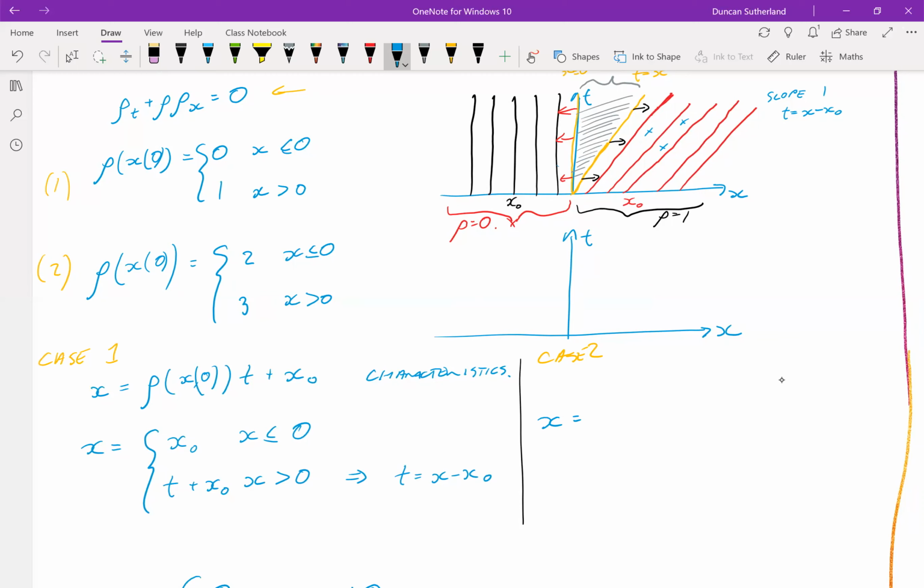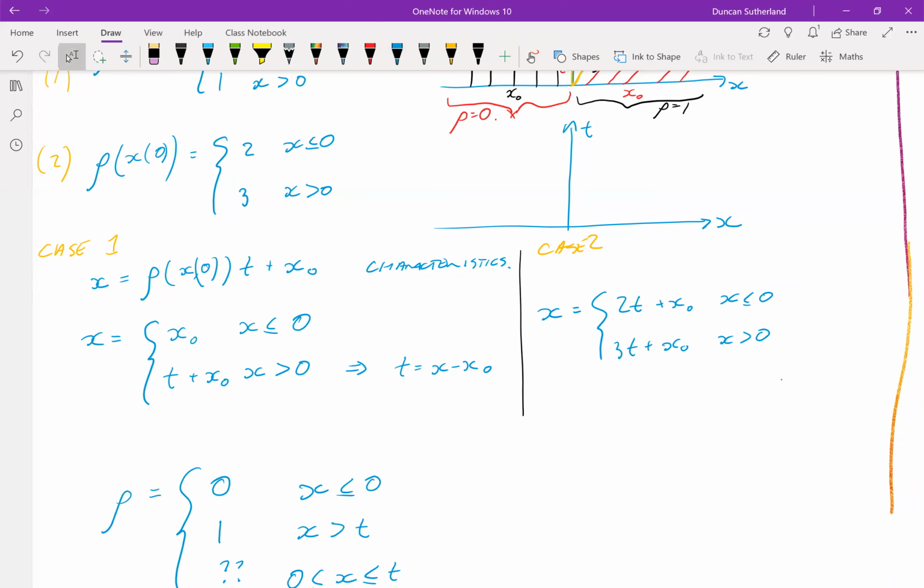When we integrate, or when we take this and multiply it by t, we're going to get 2t plus x naught, x less than or equal to 0, 3t plus x naught, x greater than 0. Rewriting that, so we've got these equations.